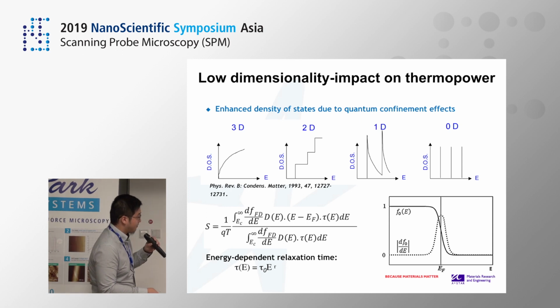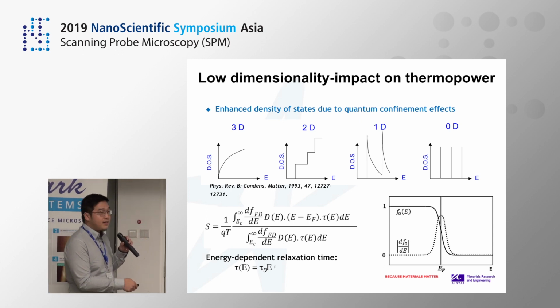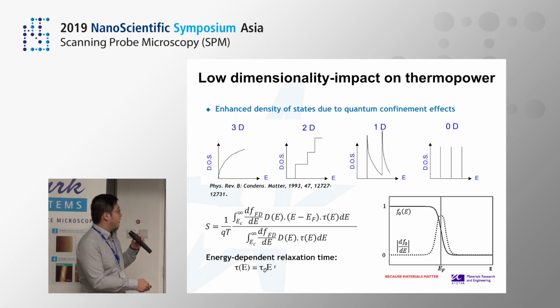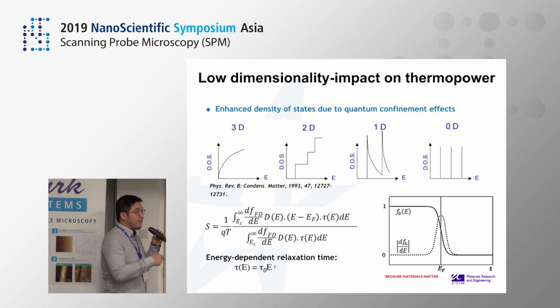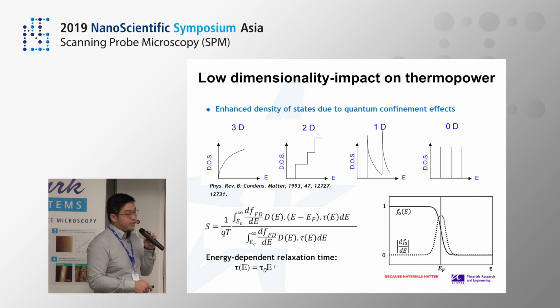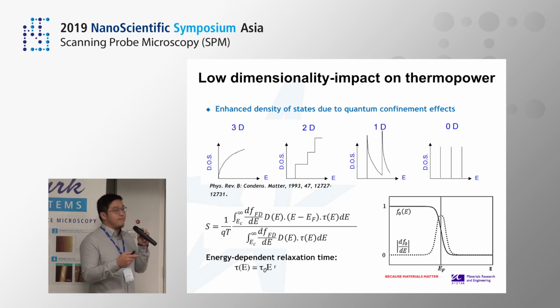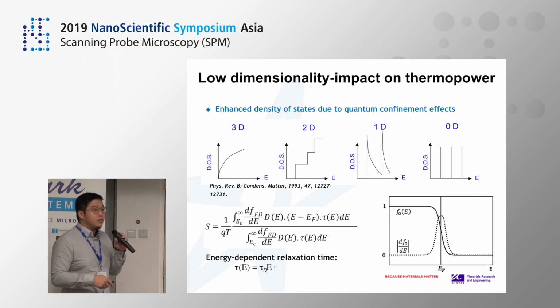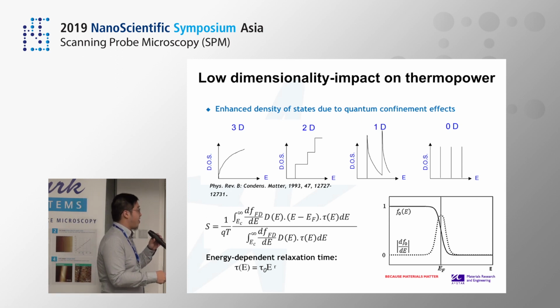When we look back at this formula, we can find there is another relaxation time term, because this depends on different kinds of scattering mechanisms. For a 2D crystal, the impurities, the roughness and the surface will also affect this. So can we make use of these effects?